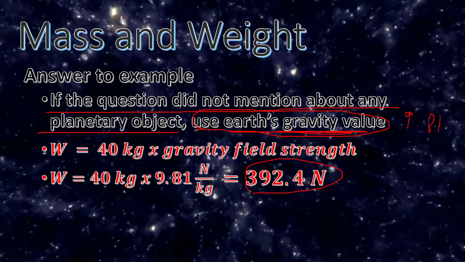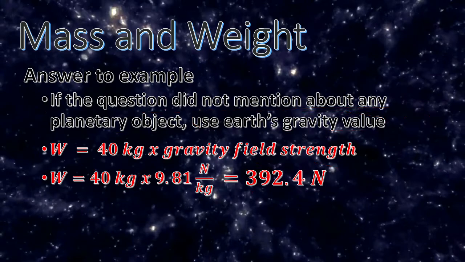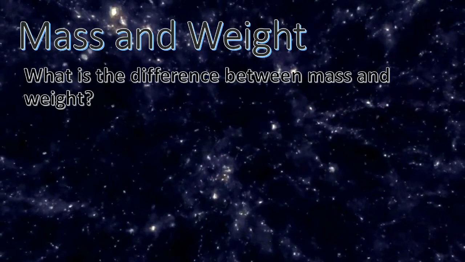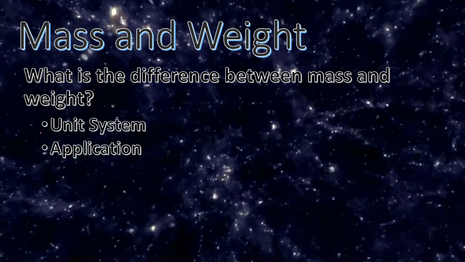This is the weight. Okay, take note, mass is in kilograms, weight is in newtons. So mass can be in kilograms or grams. So then what is the difference between mass and weight? Actually, the difference is its units.